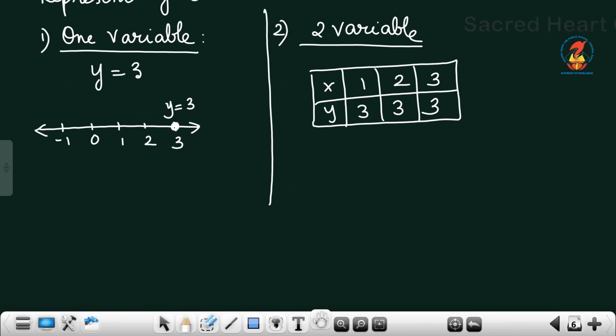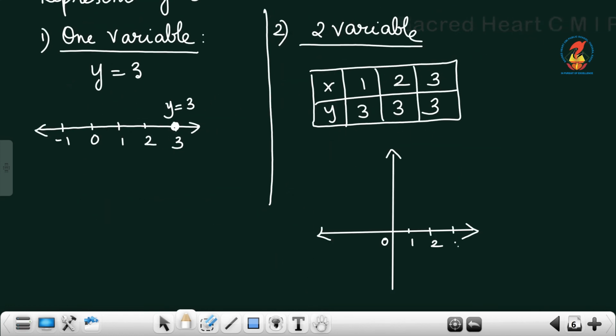Draw the graph 0, 1, 2, 3. X axis 1, 2, 3. Y axis -1. Ordered pair (1, 3) here, (2, 3) here, (3, 3) here. Join and write the equation.